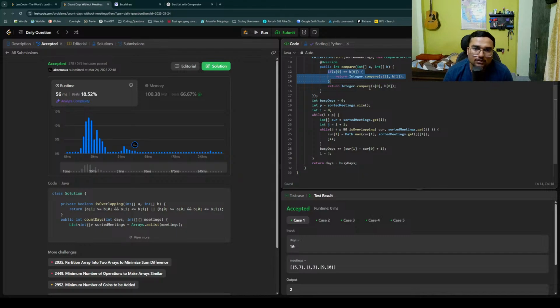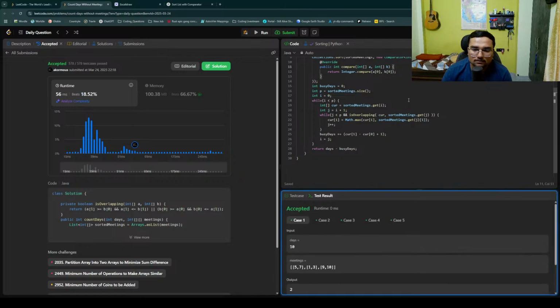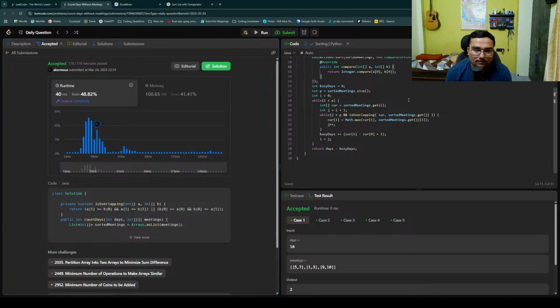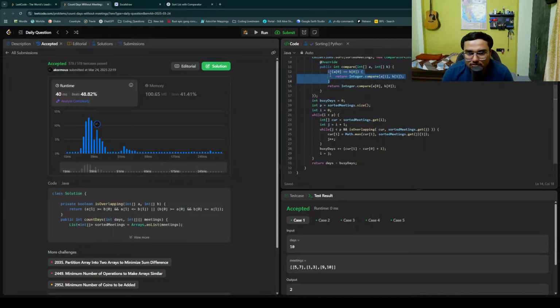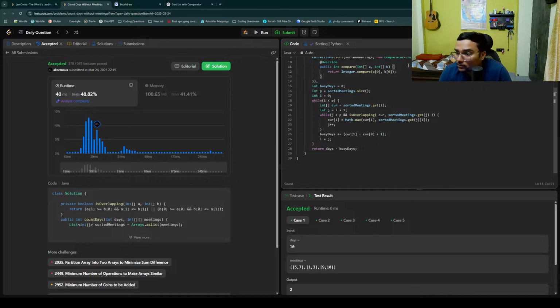Let's see if I don't do this, will this work? Okay, so that improved the performance. So we are not checking for equality here. Okay, cool. Good question.